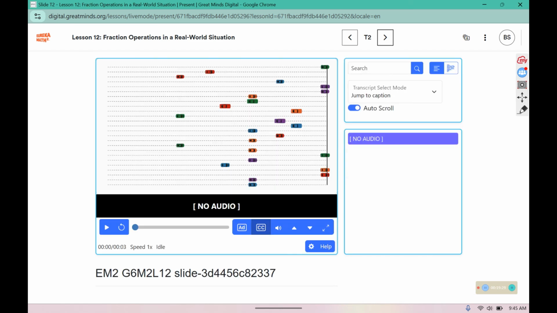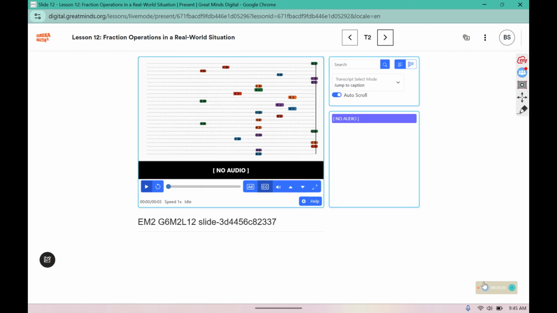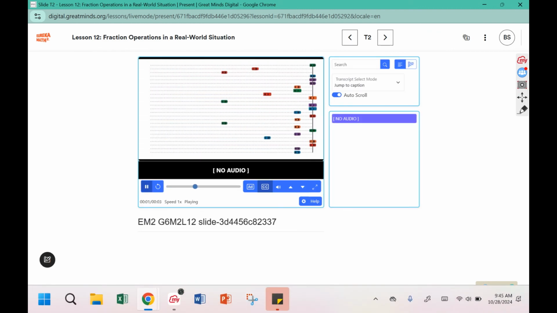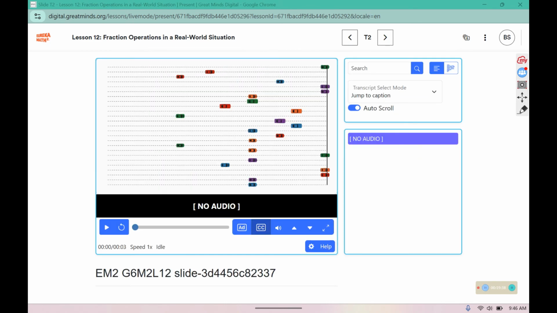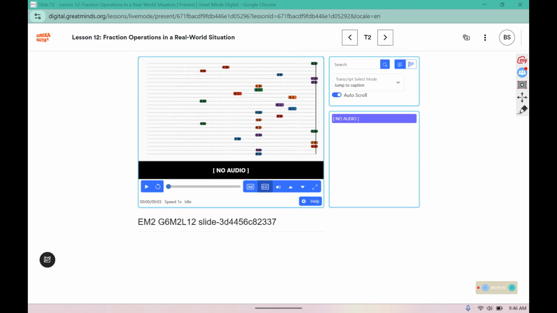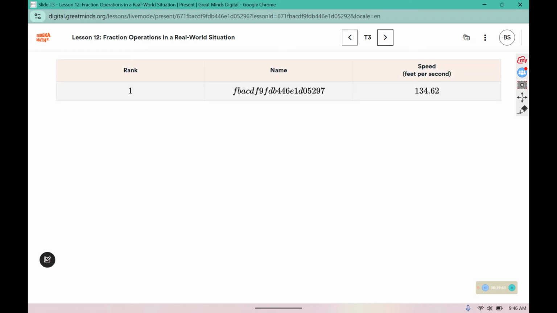All right, here is a clip of the cars. In class, we are going to have values that match with the cars that you guys create. And so on this slide here, we would have values that would match actual cars that you guys created.